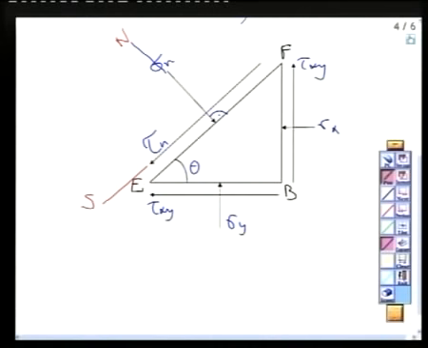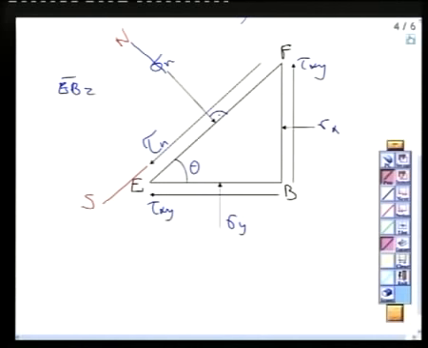Okay? For example, I will try to make the unknowns as few as I can. Okay? For example, let me write it on this. The line EB.